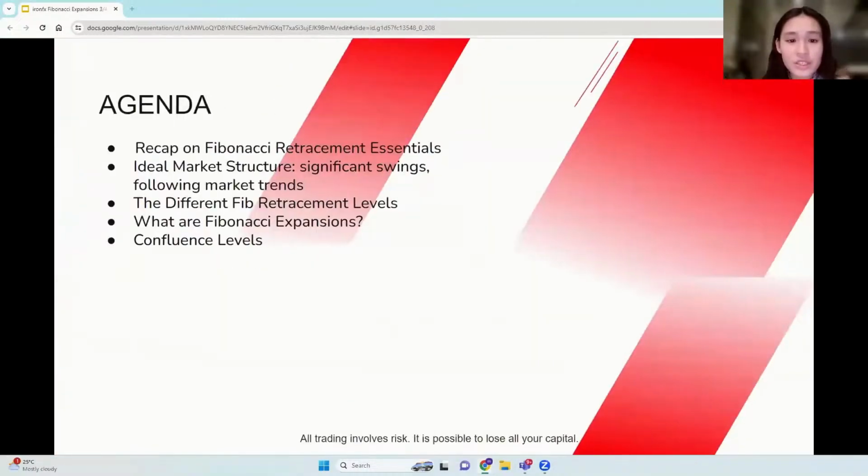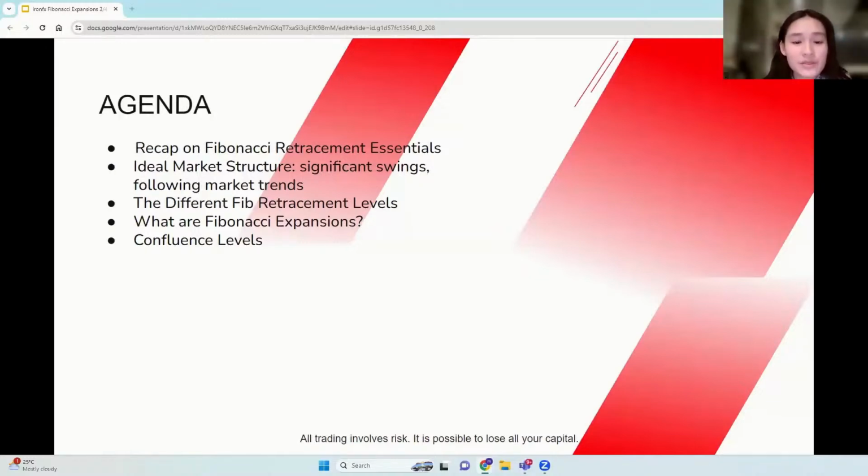Okay, so here's our agenda for today. We'll briefly go through a recap on what we've talked about recently, the past 2 weeks on Fibonacci retracement essentials, so what exactly you can look out for, and what constitutes an ideal market structure, so what exactly are significant swings, and what exactly are the market trends that you should be following.